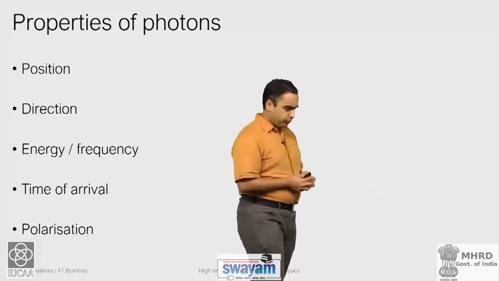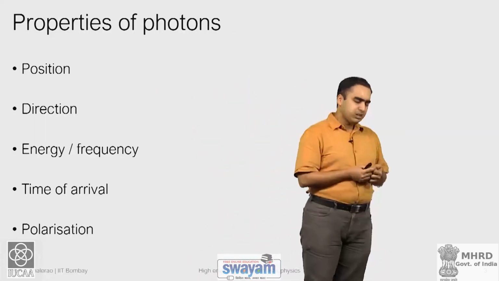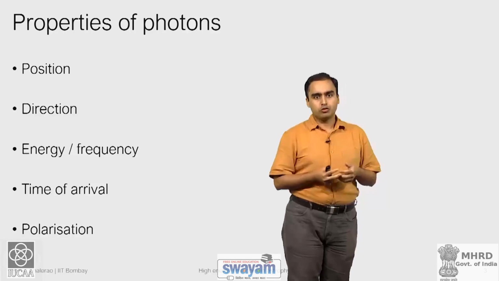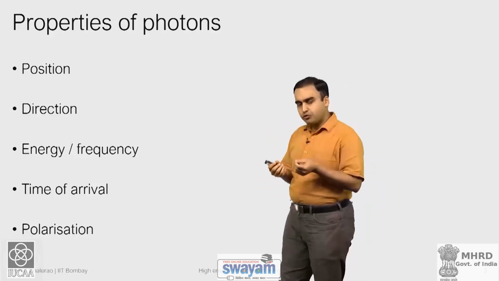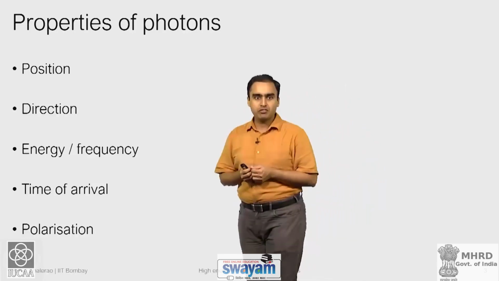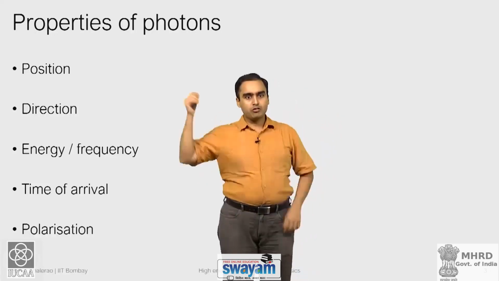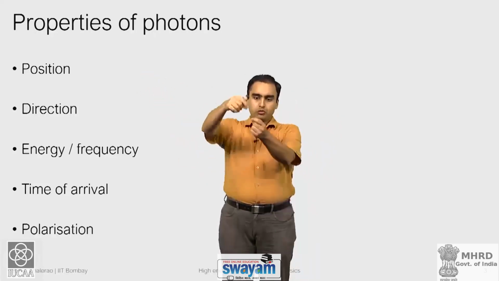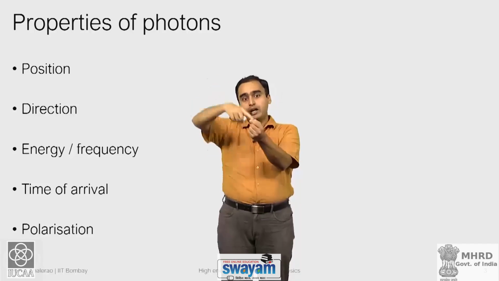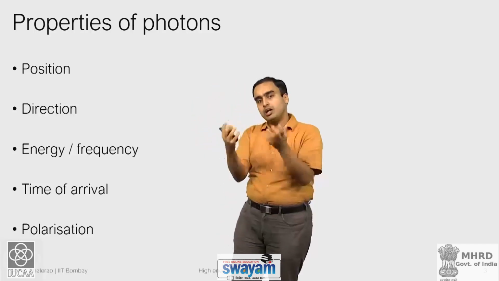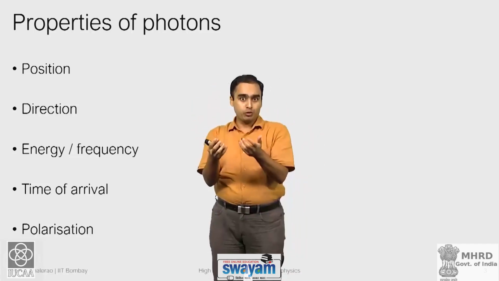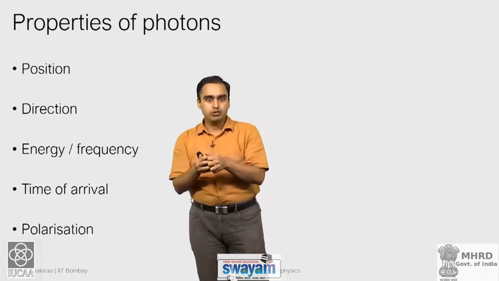What kind of properties should we be thinking about when we are talking about photons? So, the basic properties of a photon are summed up by this list which I have here. We have the position of a photon, which is where the photon is currently present, and what direction it is moving in. Then we have the energy or the frequency of a photon, which are just related by E equals h nu.